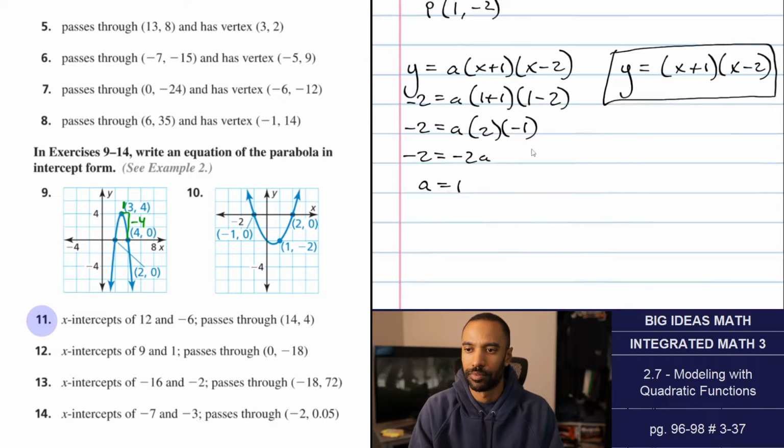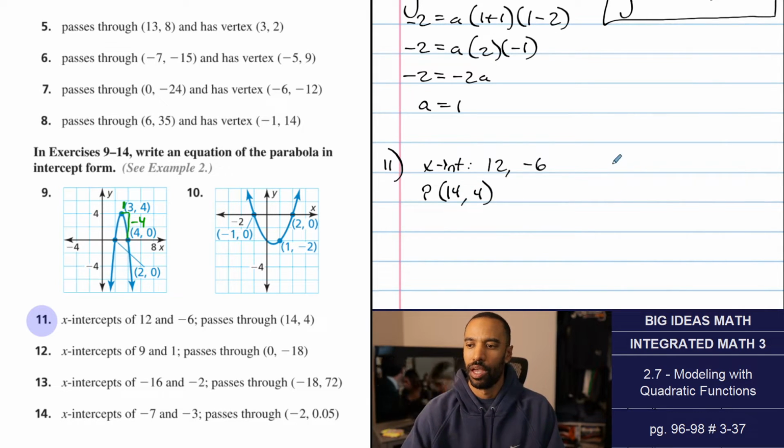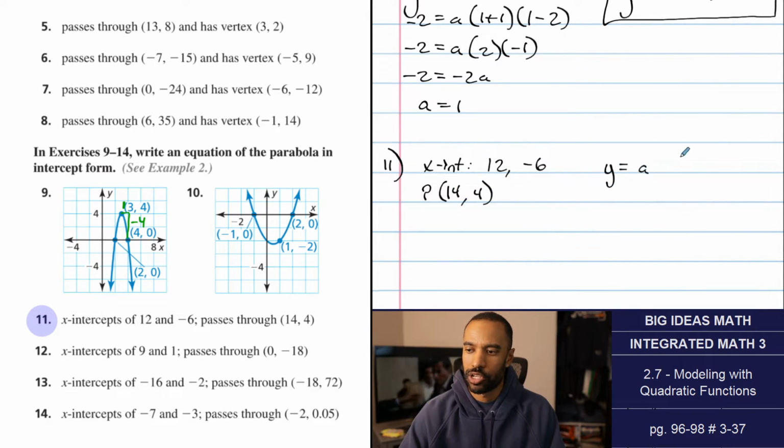Let's pull out the information regardless. The x-intercepts are, I'll just write it this way, 12 and negative 6. The point is 14, 4. Okay, so our equation can look like a times x minus 12 times x plus 6.